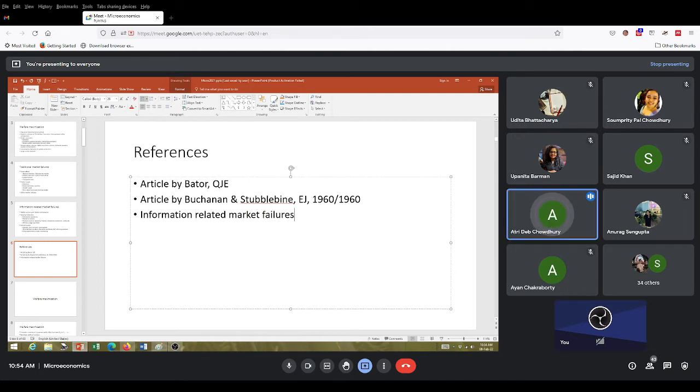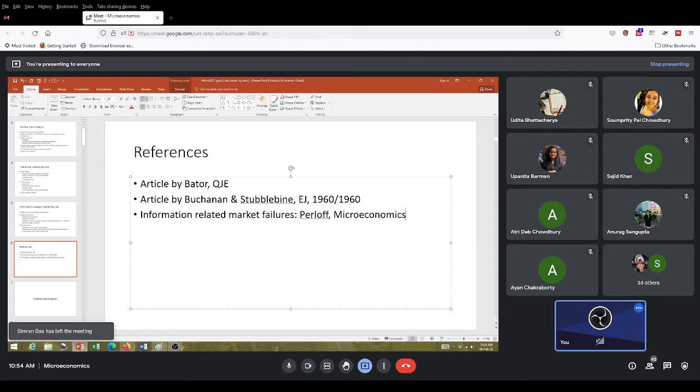Sir, so this is just a rundown of the course structure, right? Yes. So this is Perloff's microeconomics.